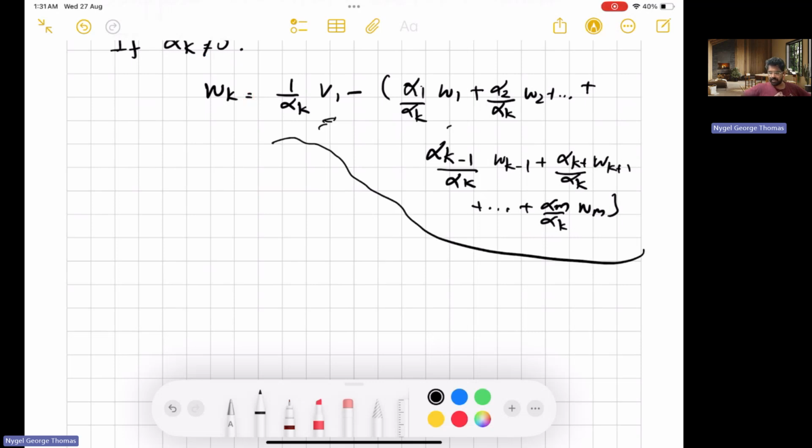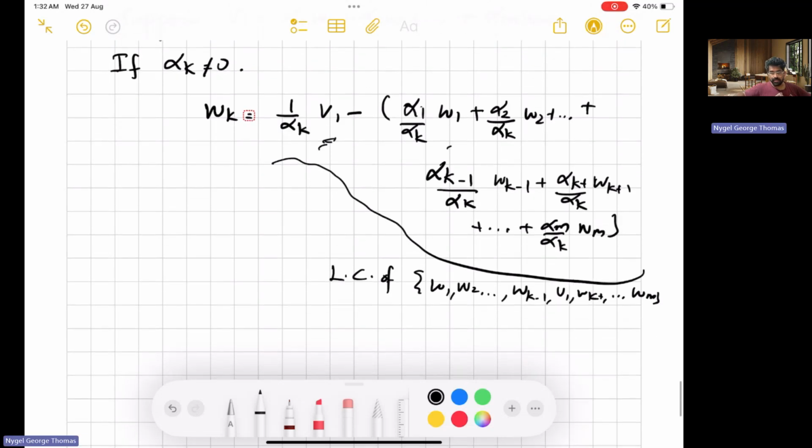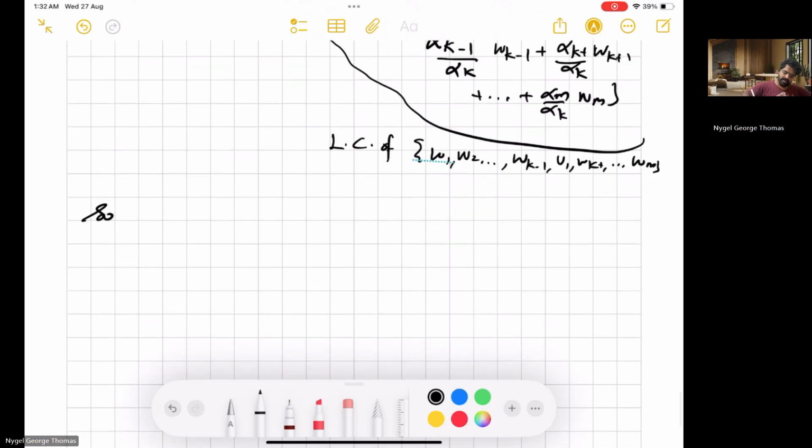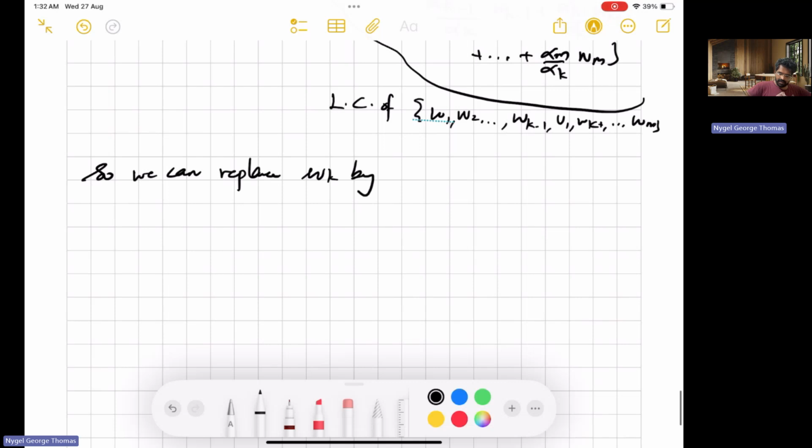So wk is a linear combination of w1, w2, etc. wk minus 1, v1, wk plus 1, etc. wm. So we can replace wk by v1 and still span.